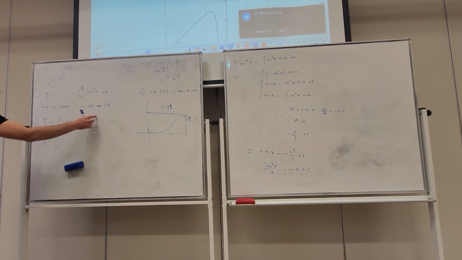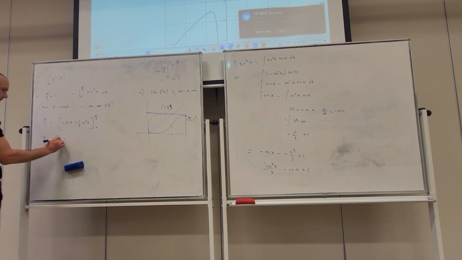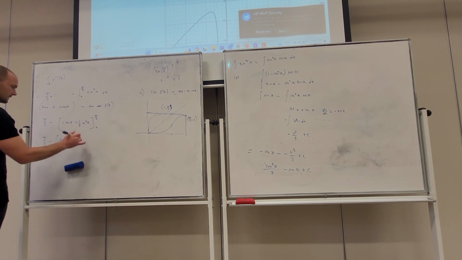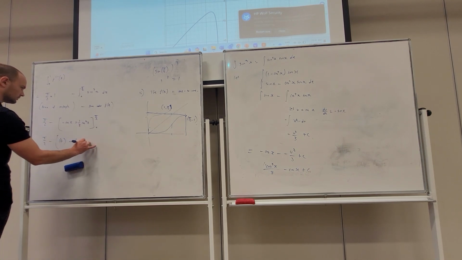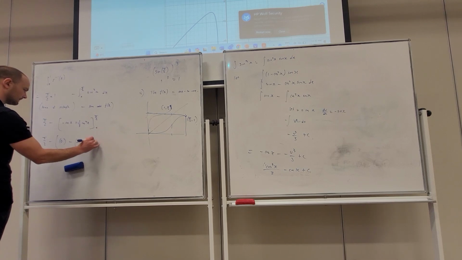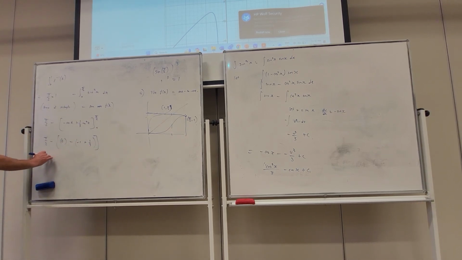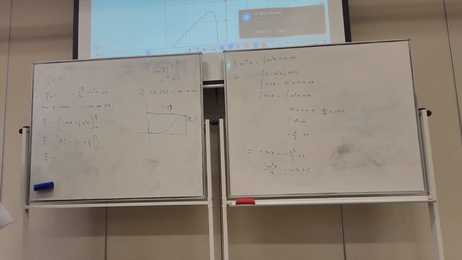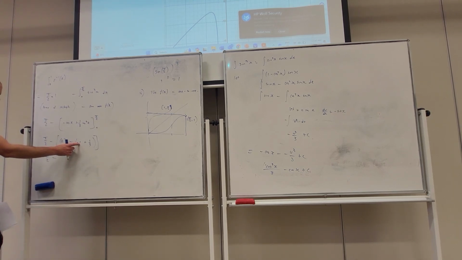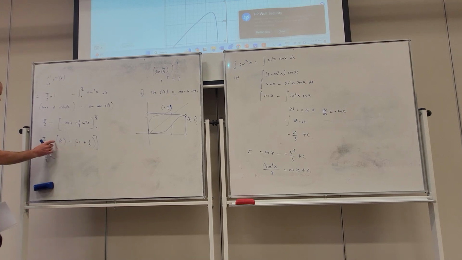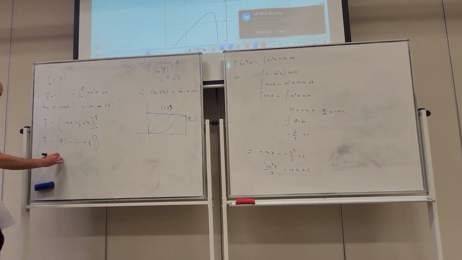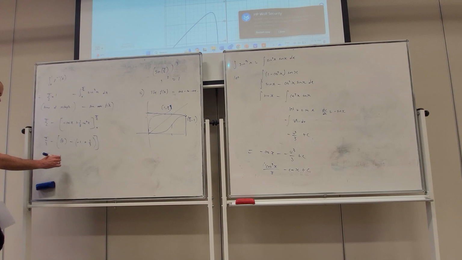Now we know when we put pi on 2 in, it's going to be 0, and when we put 0 in, it's going to be positive 1. So we have to take 1 and then plus a third.